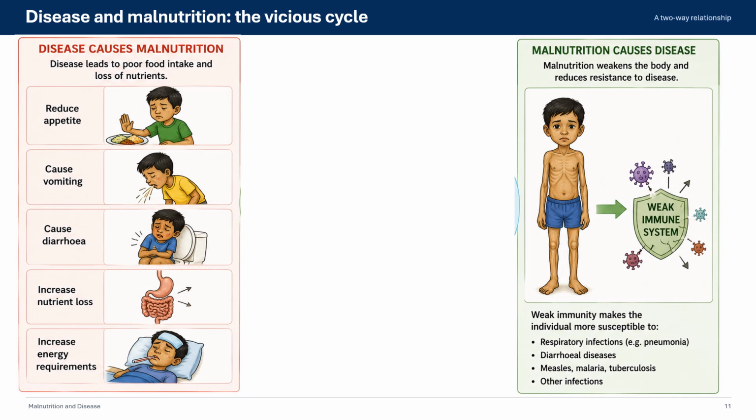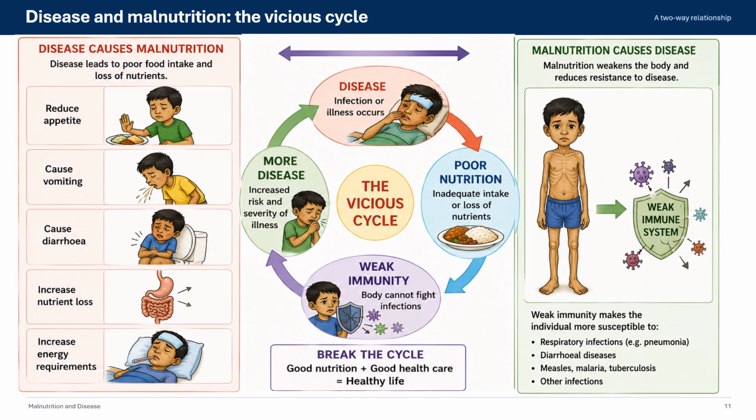That is to say, both diseases and malnutrition interact in a negative way, affecting growth and development of the body. This interaction establishes what is called a vicious cycle. In the vicious cycle, disease, infection or illness occurs.